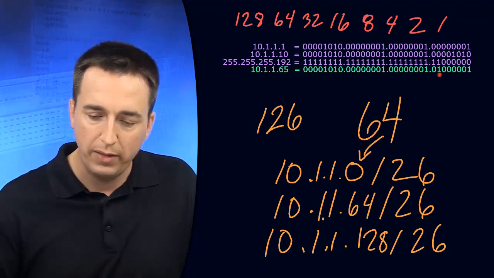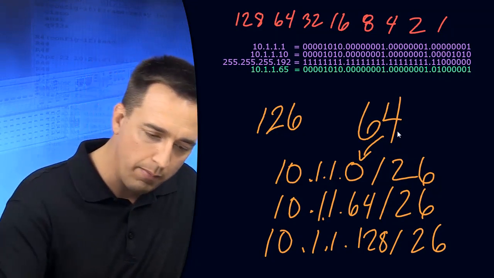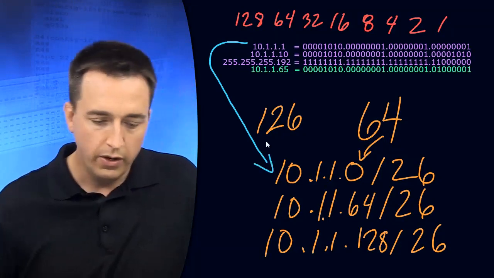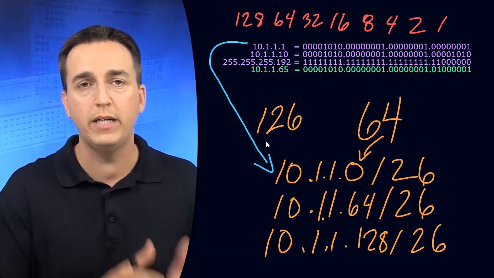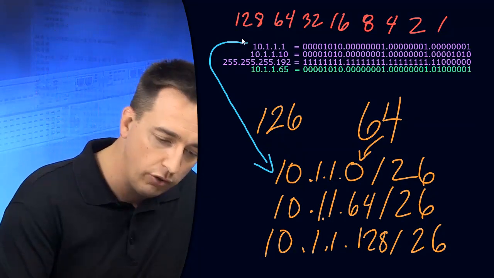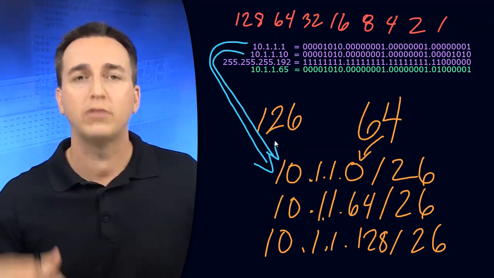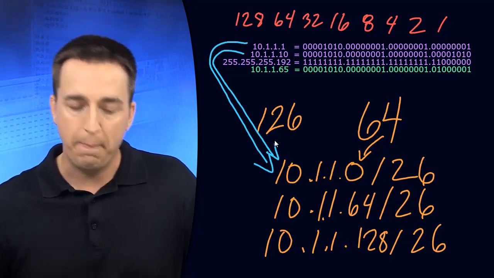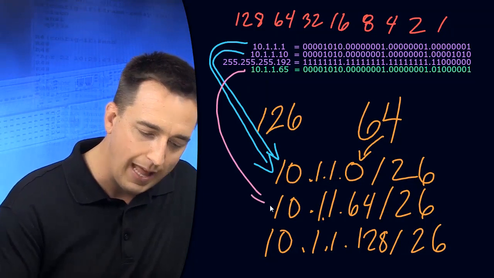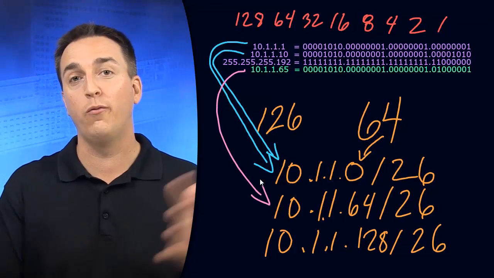Now when we look at the IP addresses, we can line them up. The address 10.1.1.1 belongs in the first subnet because it falls between 10.1.1.0 and 10.1.1.64, the very next one. The same is true of 10.1.1.10. So we can confirm both those addresses are in the same subnet. But 10.1.1.65 falls between 10.1.1.64 and 10.1.1.128.